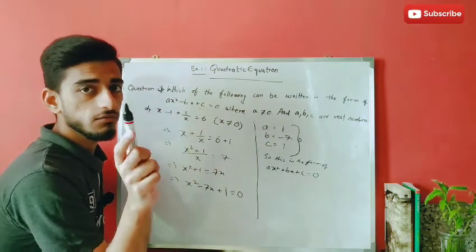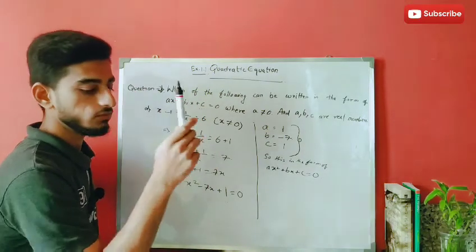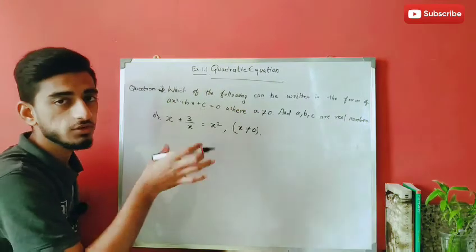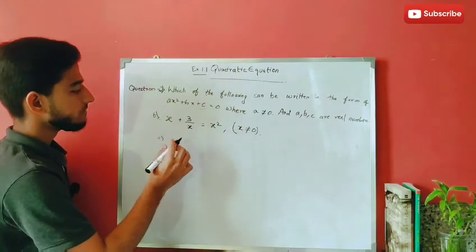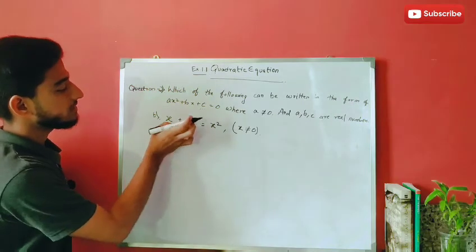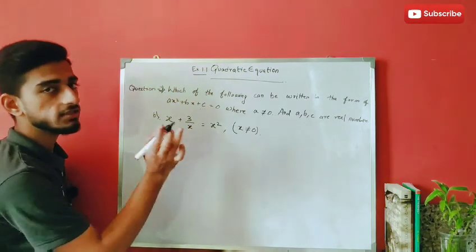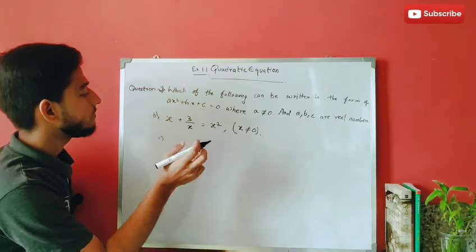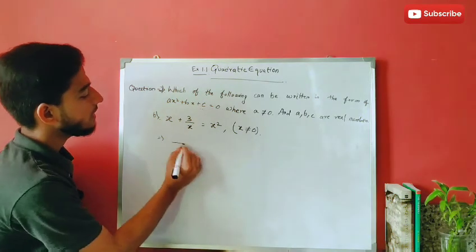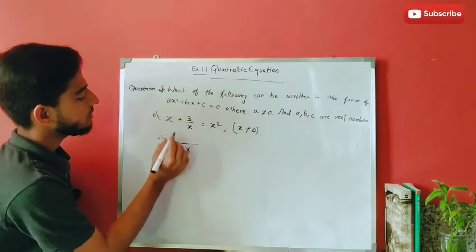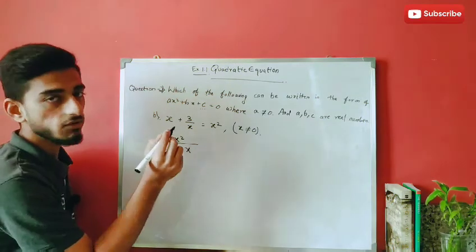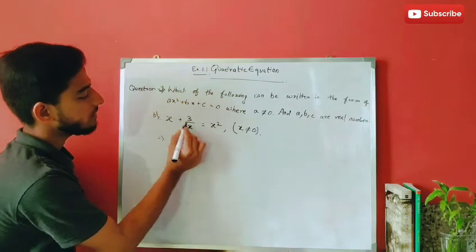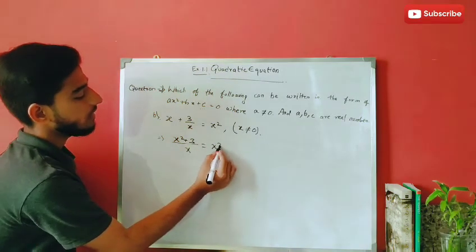Next, move to the third question. No, first we will do 2b. Now come to question number 2b. In 2b what we have is x plus 3 by x is equal to x square. You can take the LCM over here, x, and this x will be multiplied with this, so it becomes x square plus 3 is equal to x square.